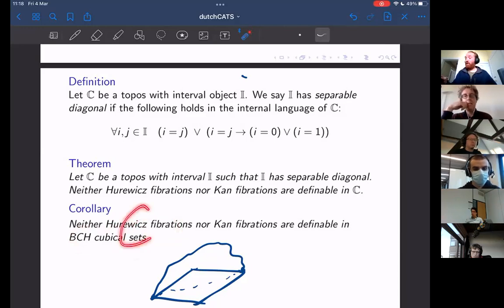But this is the only thing that goes wrong. Other than this, you can do all the Orton-Pitts stuff that works in BCH cubical sets fine. This is the only thing that fails if you use the Cartesian products in this category. This is a reason why you should be using the monoidal one, which is the correct one, not the Cartesian.